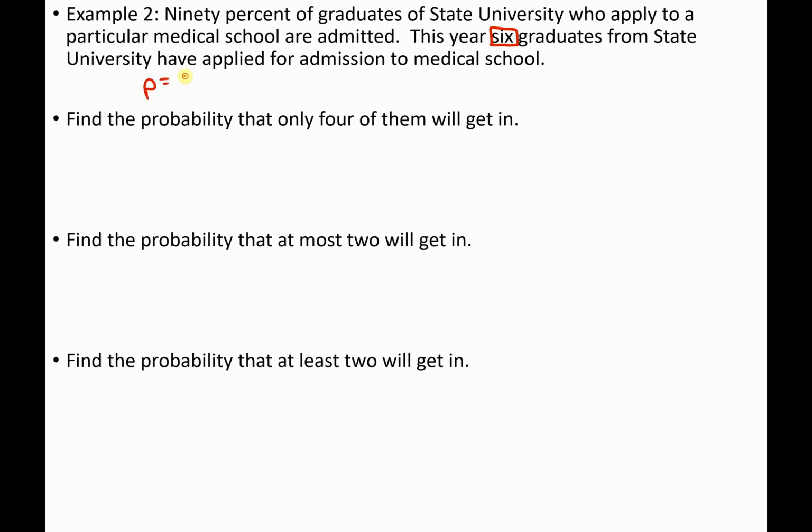The 90%, right? So this is our success. 1 minus p is going to be our failure. So success in this case is they are admitted. Failure is not admitted.